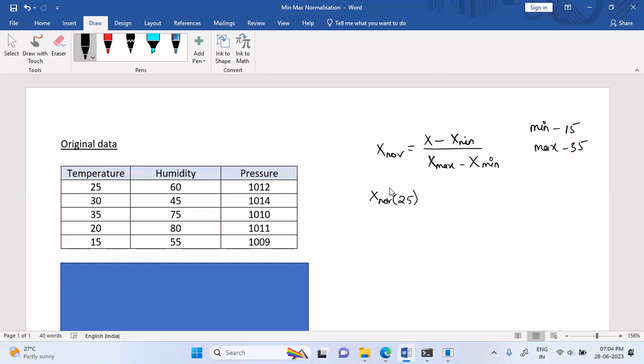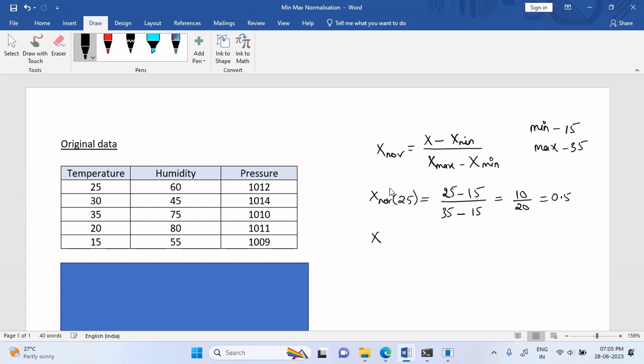So we substitute these values in the formula. The normalized value for 25 is equal to, in place of x, 25 minus x minimum 15, divided by x maximum 35 minus x minimum 15, which gives 10 divided by 20, equal to 0.5. For 25, the normalized value is 0.5.